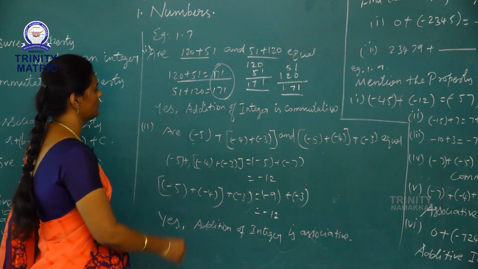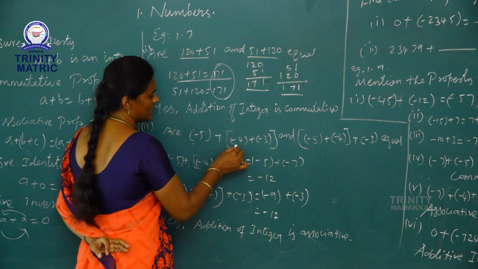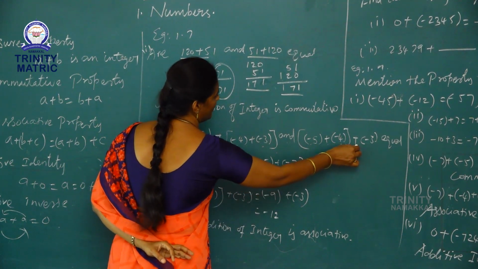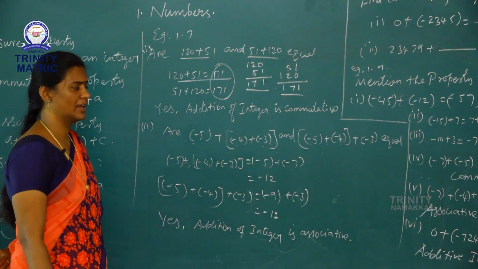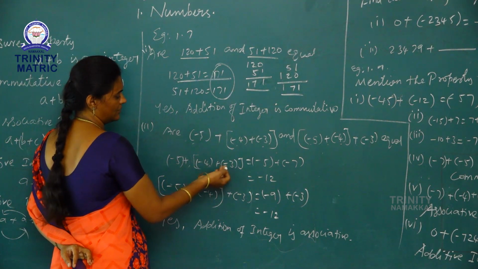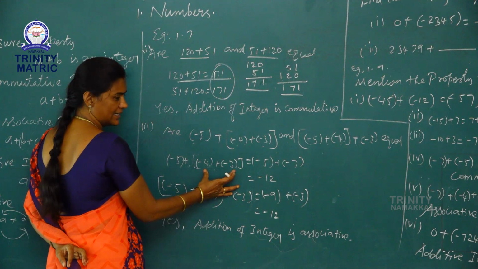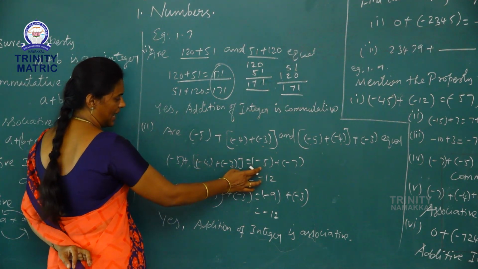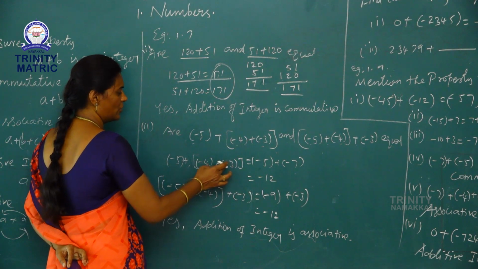Next, minus 5 plus of minus 4 plus minus 3, and minus 5 plus of minus 4 plus minus 3, are equal. First we take this: minus 5 plus, minus 4 plus minus 3. First we add inside the group, inside the bracket. This minus 5 you keep as it is. Minus 4 minus 3.